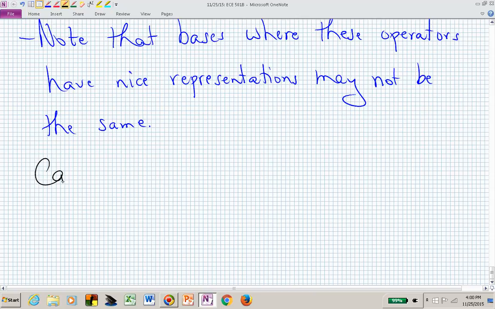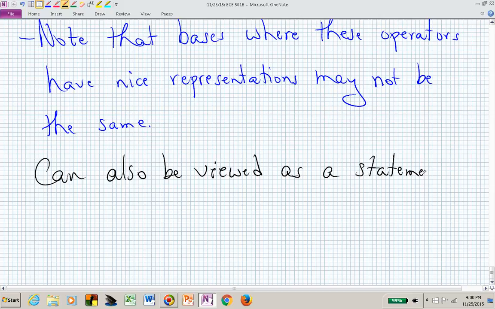And we can also view this as a statement about matrix factorization.